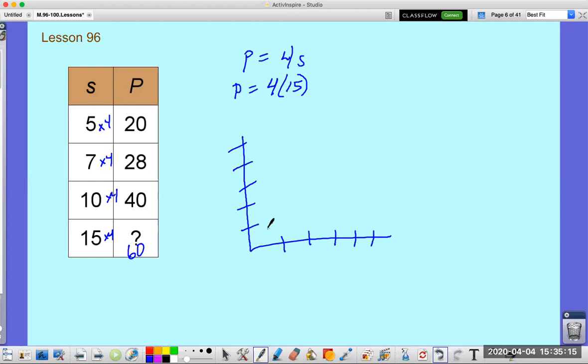Now I have to go up to 60 in order to make the 15 there. I have my S's here and my perimeters here, and this was 5 and 20. So here's the first one, and it would just keep going. If this is 5, 7 would be approximately right here, and then 28 would be up here off the chart a little bit.